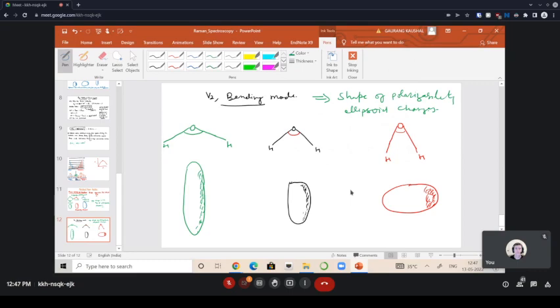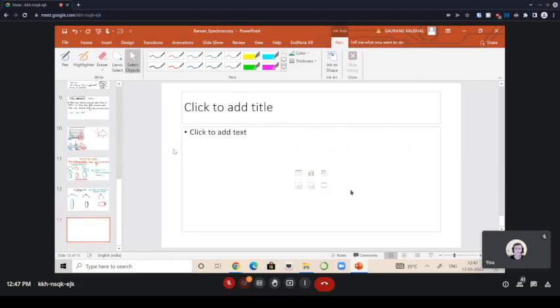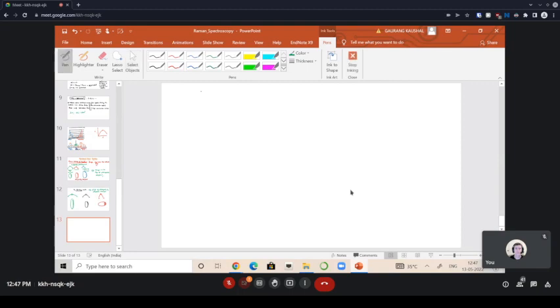Third mode of this vibration is the asymmetric stretching mode. This is designated ν3.